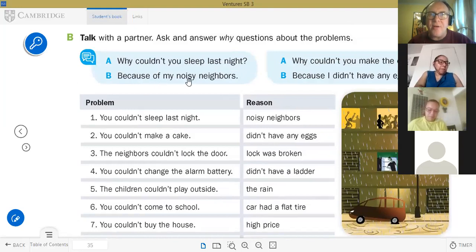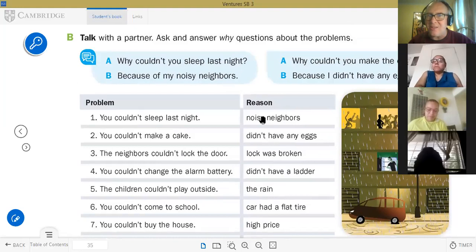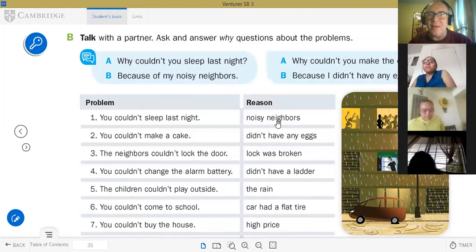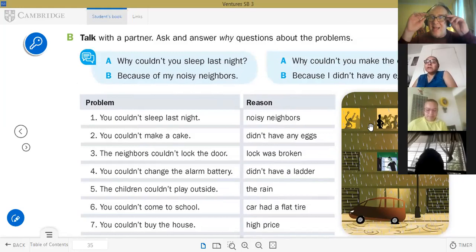Because of my noisy neighbors, right? You see, we had of, because this is a noun. Why couldn't you make a cake? Because I didn't have any eggs. Exactly. Okay, so everybody got the idea, más o menos?